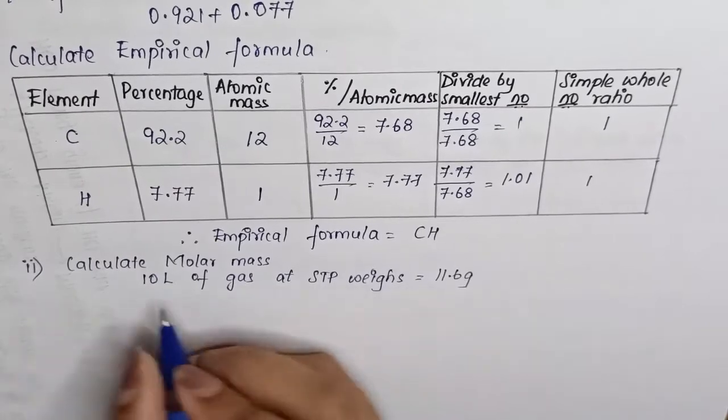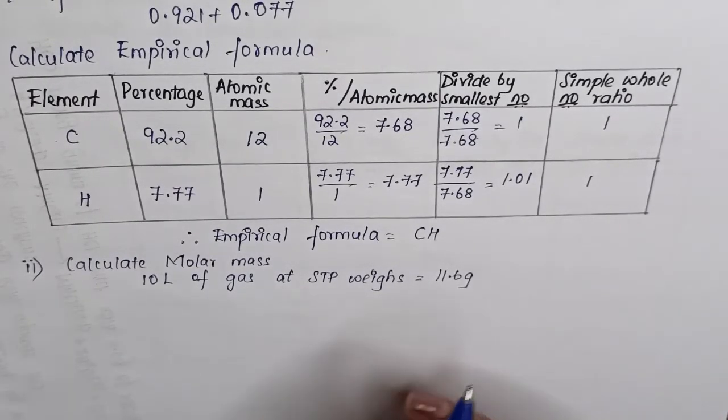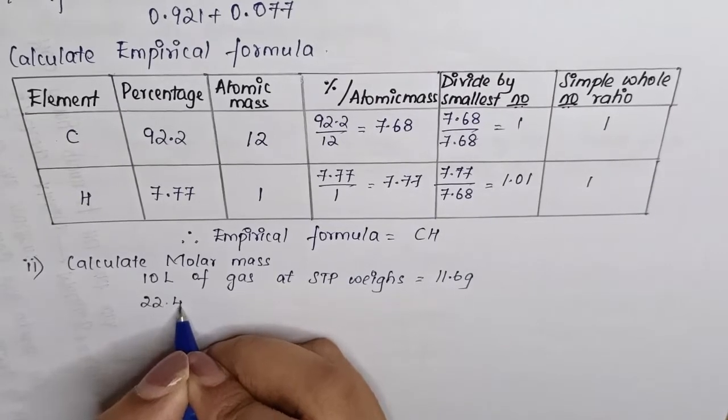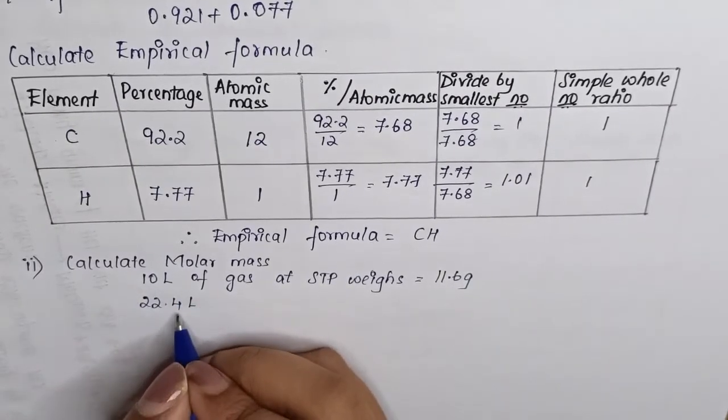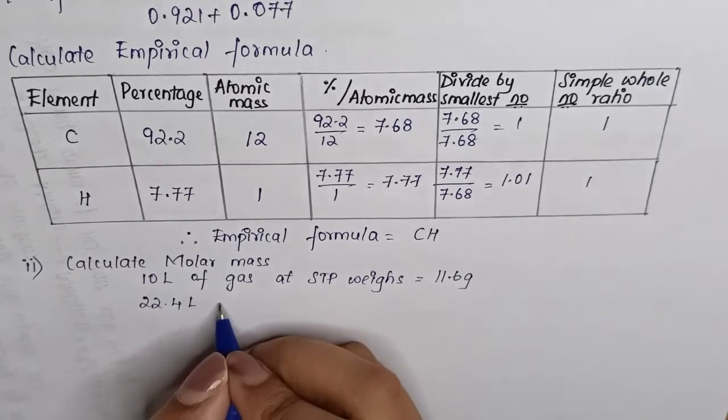This is the value you get from the question. Therefore, standard value of a gas for 1 mole is equal to 22.4 liter. That's a standard value, right? The volume of 1 mole of a gas at STP is 22.4 liters.